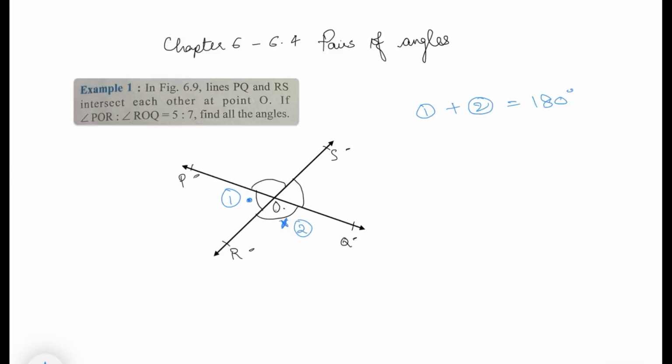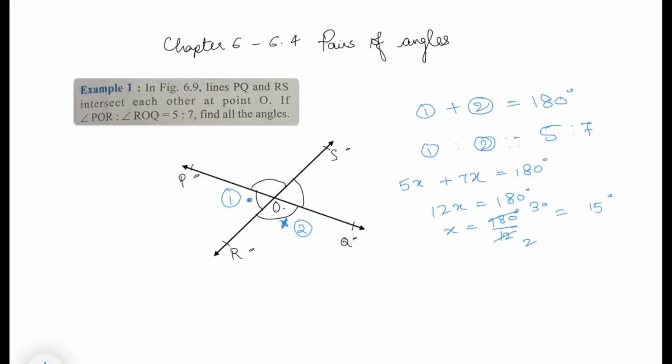We also know that angle 1 to angle 2 is 5:7, which means 5x plus 7x is equal to 180 degrees. So when we find the value of x, we get 180 degrees divided by 12, which is 15 degrees.